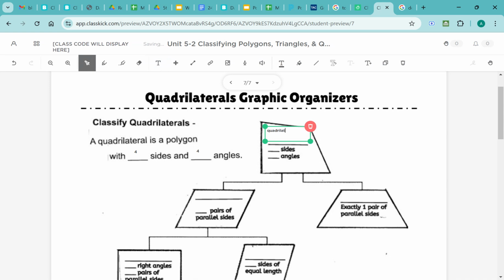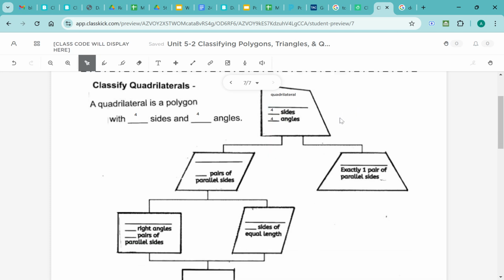The first thing we're going to start with is a quadrilateral. A quadrilateral has four sides and four angles. So all of these shapes fall under the quadrilateral graphic organizer. All of these shapes we're about to talk about are considered quadrilaterals.